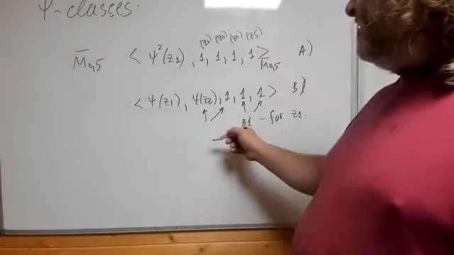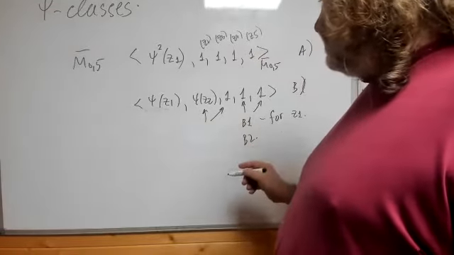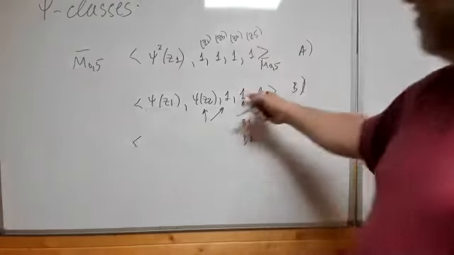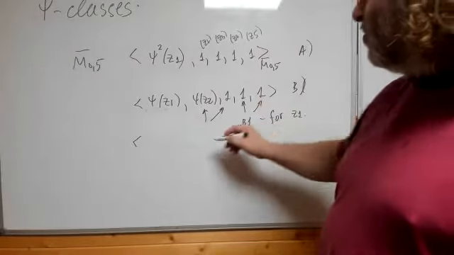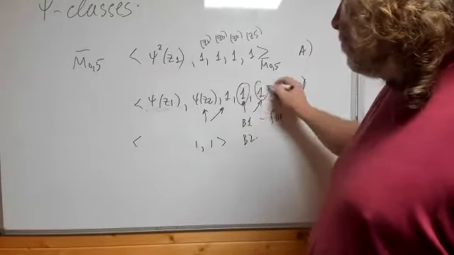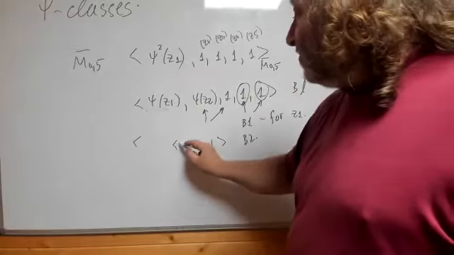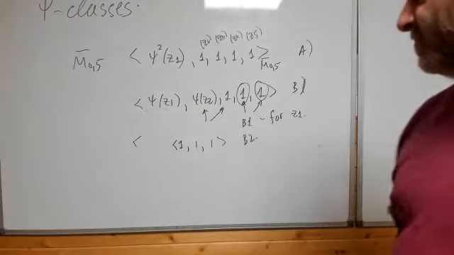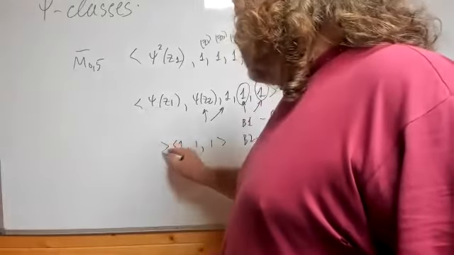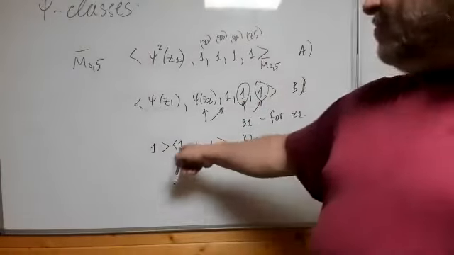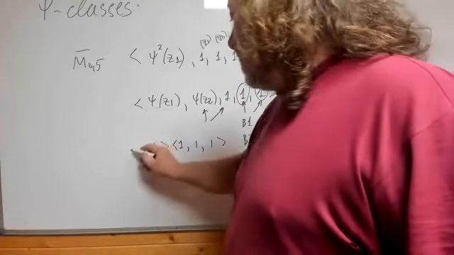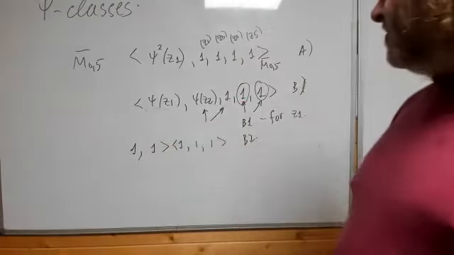Case B1 means that we have to put these 2 points away, 1, 1, and there will be 1 on the neck. Here I'll have 1 on the opposite side of the neck, this 1 that is left.